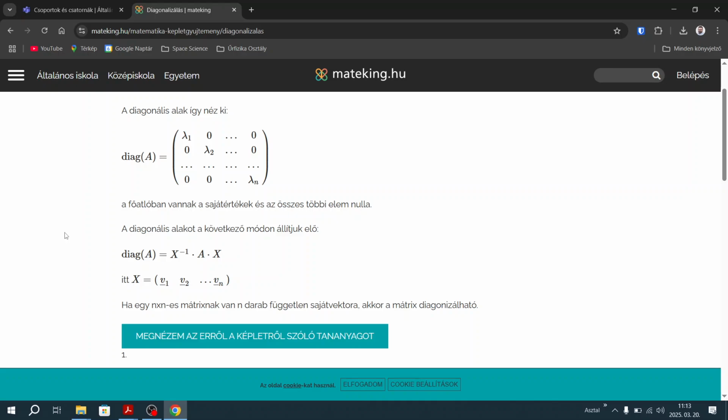You cannot read it, so I go for it again. This matrix, this X, is created from these vectors. There are a lot of vectors, but the simplest is this. This is also a lot of vectors, but the simplest is this.